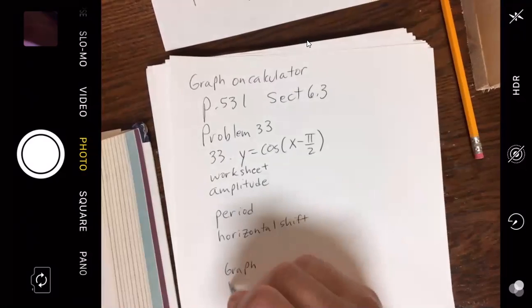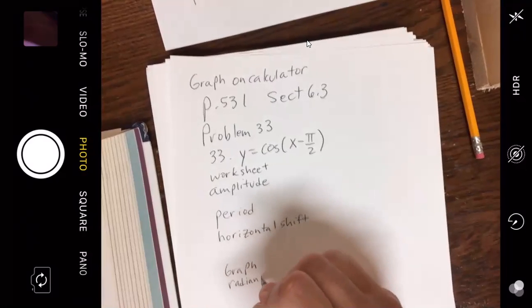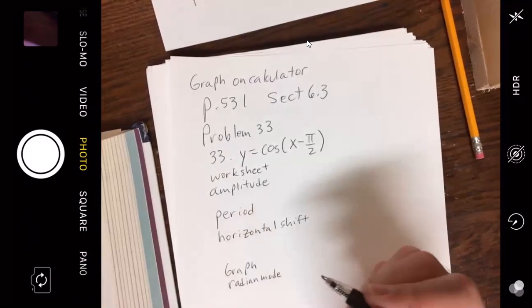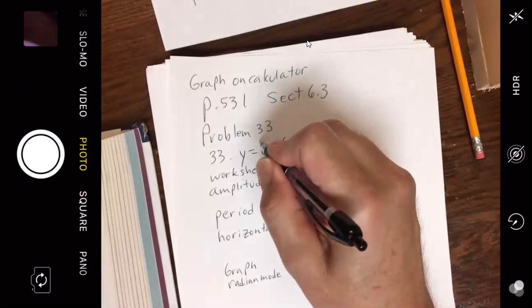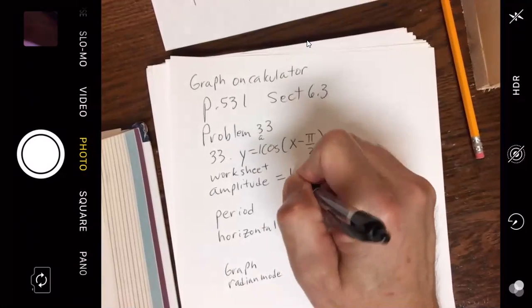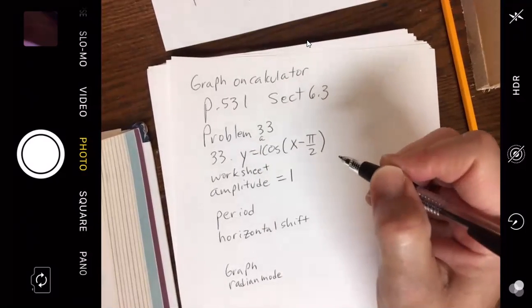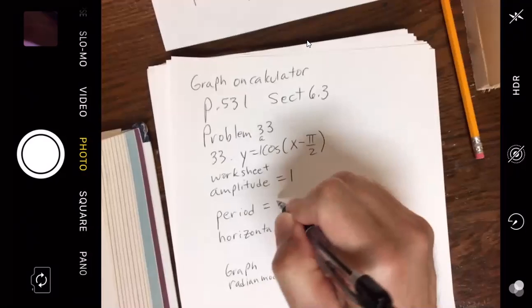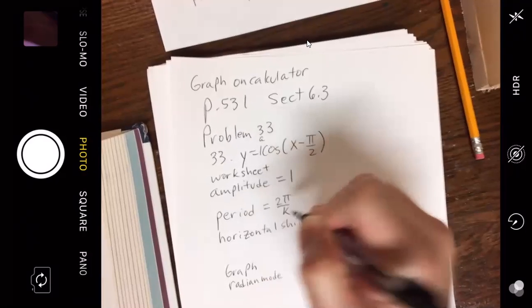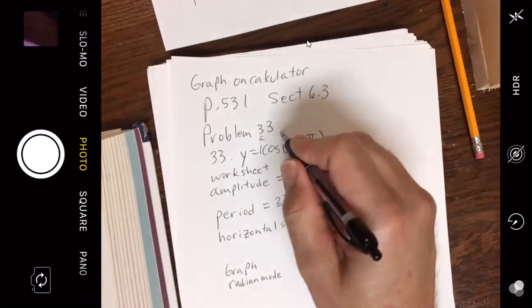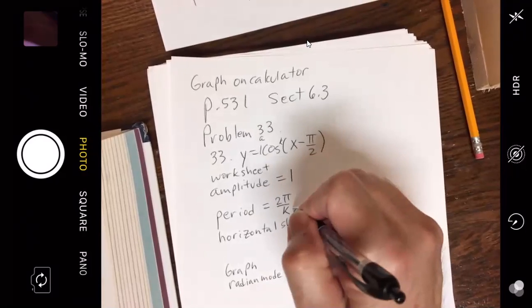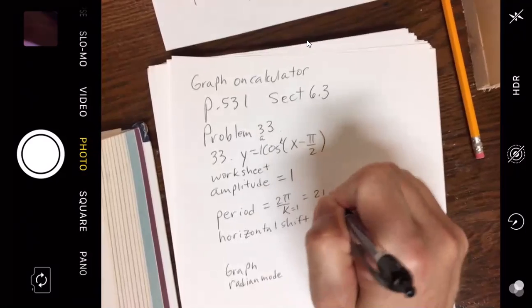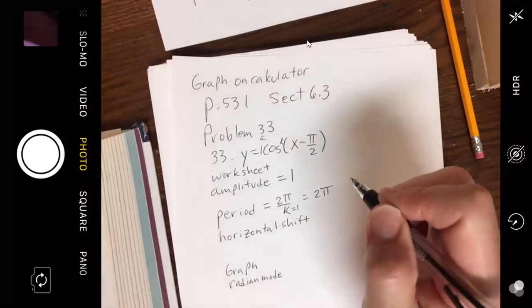You want radian mode. Well, the amplitude is the number in front, the A value here. With no number, it would just be 1. The amplitude would equal 1. Period is 2 pi divided by the K value. The K value is the coefficient in here. Again, no number, that would be 1. 2 pi. It repeats every 2 pi.